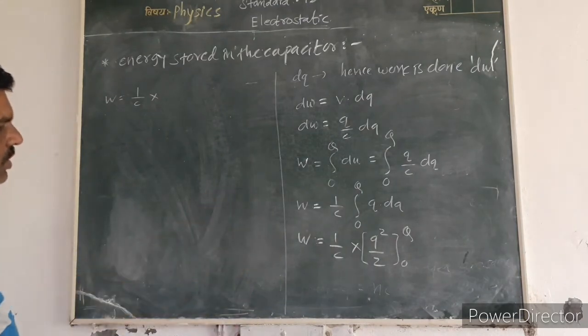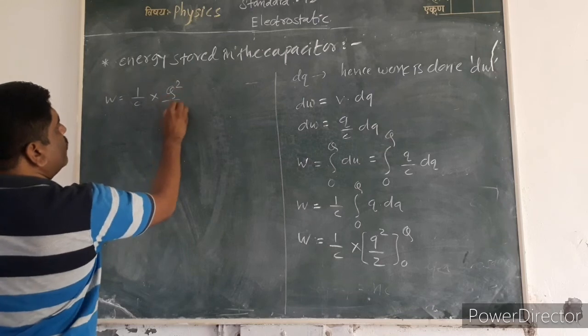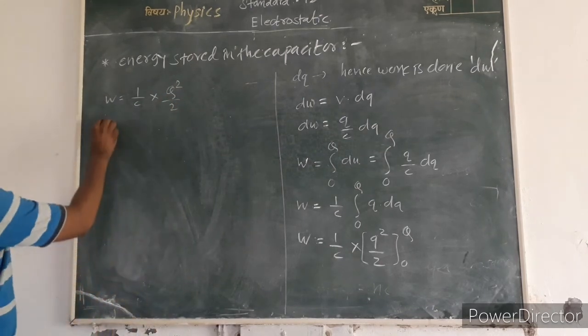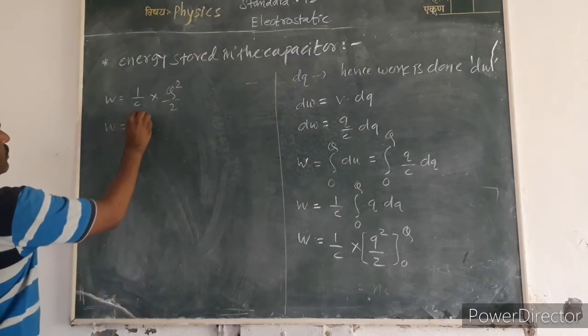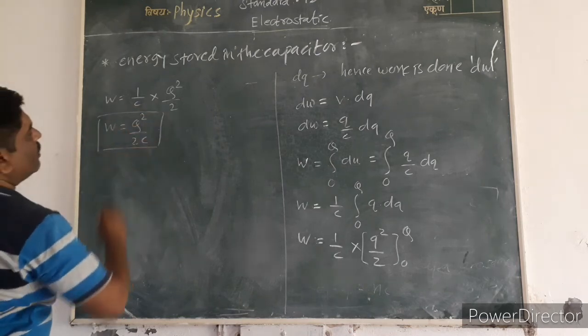The lower limit is 0, hence we put only the upper limit, Q square upon 2. Then we get W is equal to Q square upon 2C. This is the total work done.